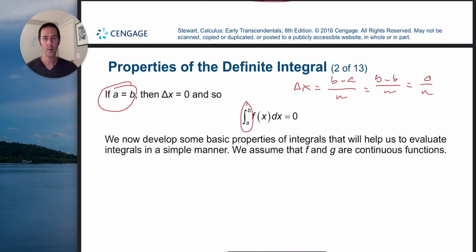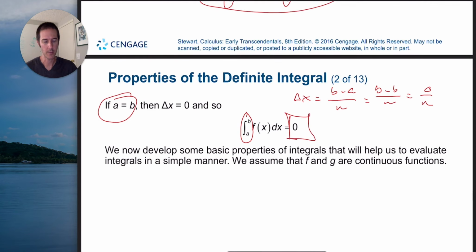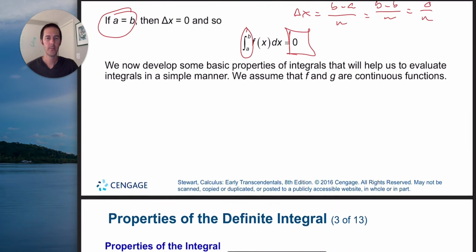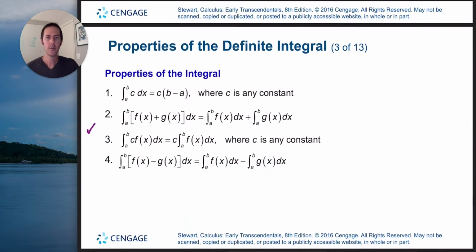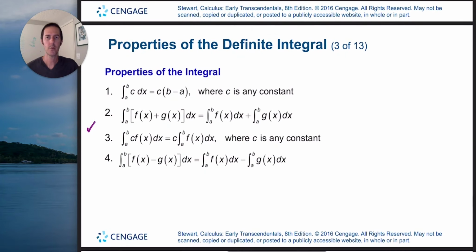So you can take all the heights of your rectangles you want, but as you multiply them by a width of 0, you're going to end up with 0 plus 0 plus 0 plus 0. Guess what all those add up to be? You got it, 0. Strange to think that that would ever come in handy, but this is math. We want to be as thorough as possible with our definitions, so that we are prepared for any eventuality.